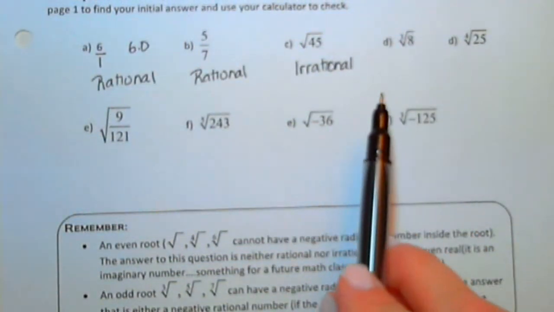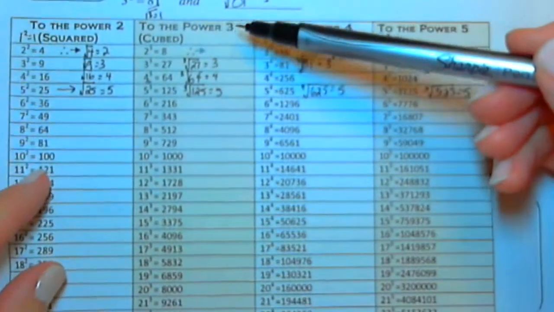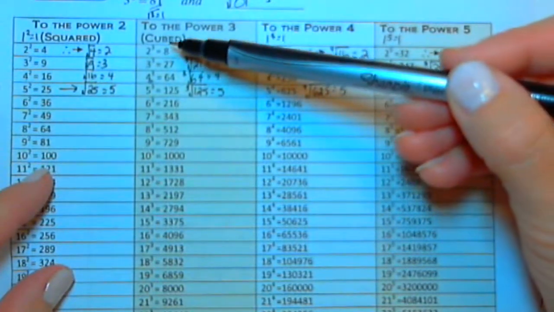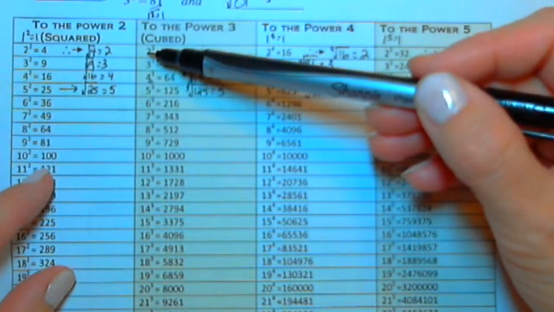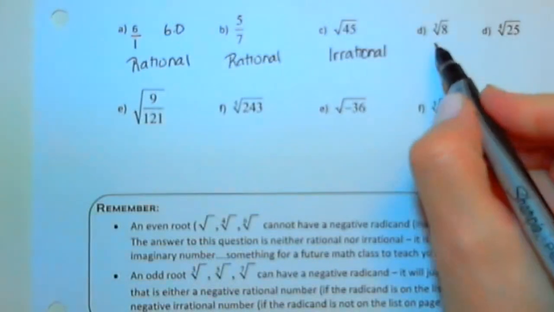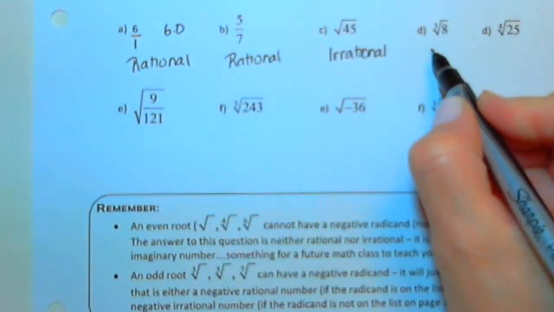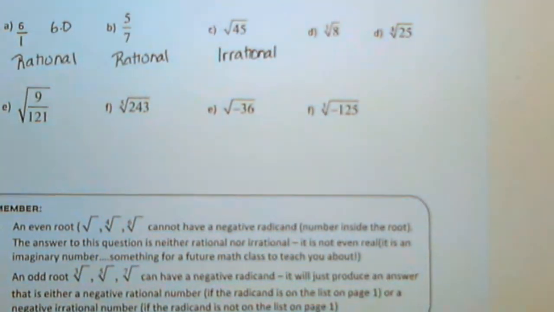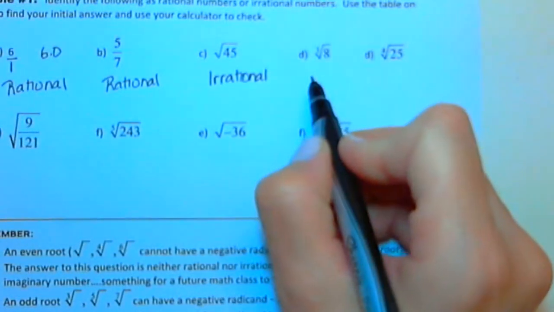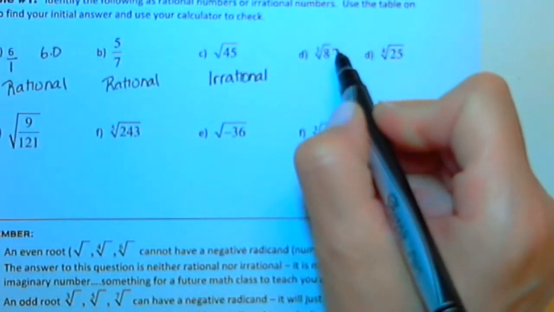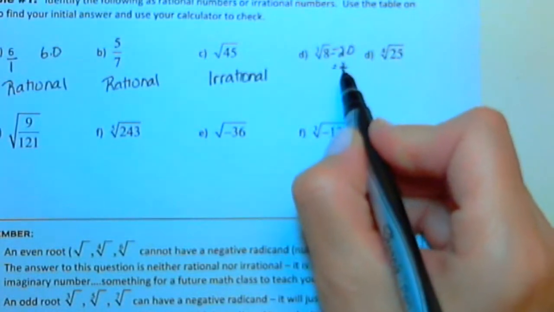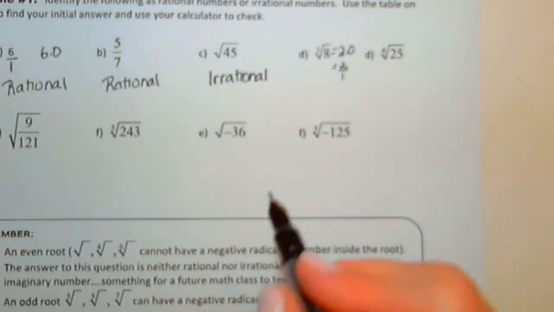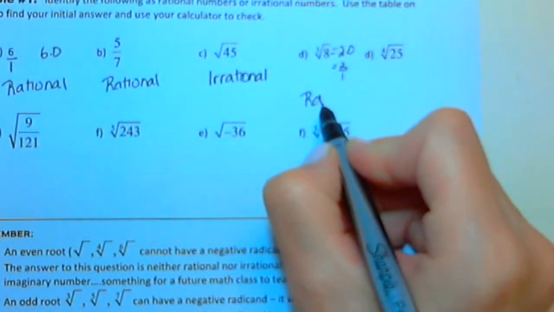Next one, the cube root of 8. On my first page, here's my cube root list. Is 8 on the right side of the equal sign? Yes, it is. The cube root of 8 is 2. So because it's on my list, because its answer is nice, and its answer could be written as a decimal that ends, or in fact as a fraction, this is rational.